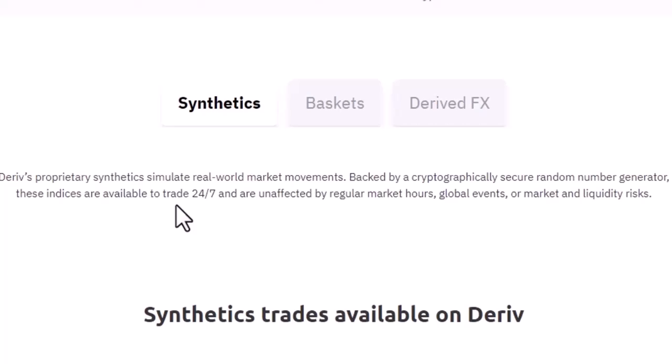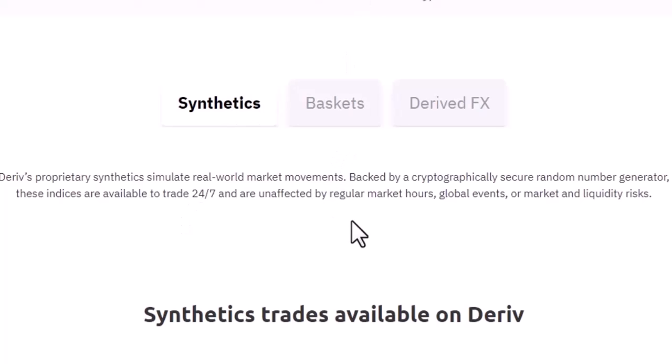They are not real like EUR/USD, GBP/USD, or the Nasdaq. They are computer generated indices that mimic the real world markets, but they can be traded using the same concepts that you use to trade pairs like EUR/USD and GBP/USD.